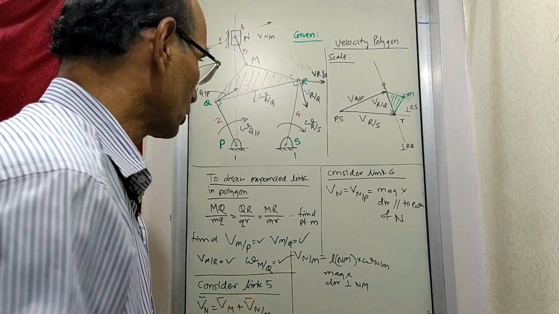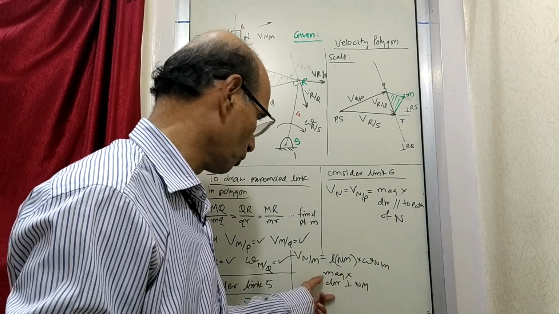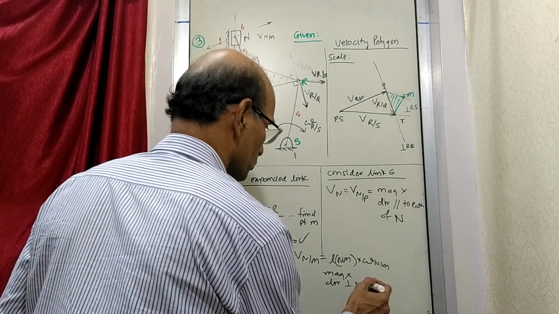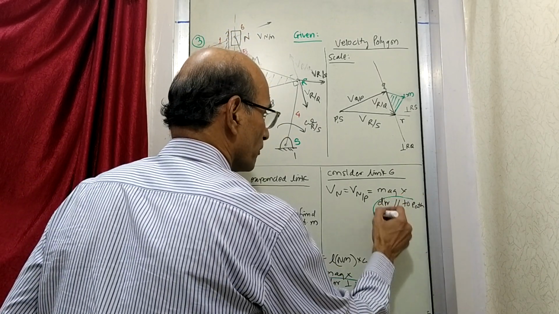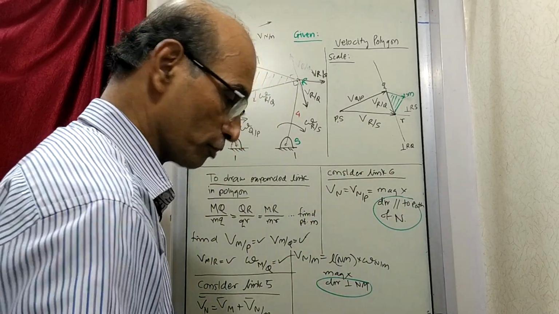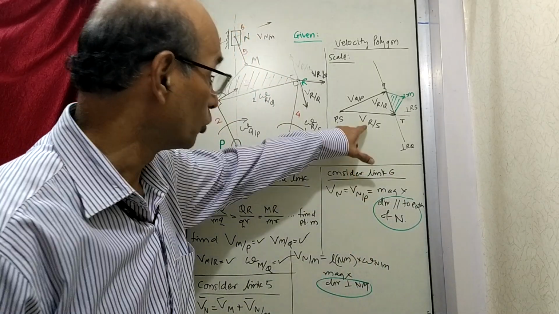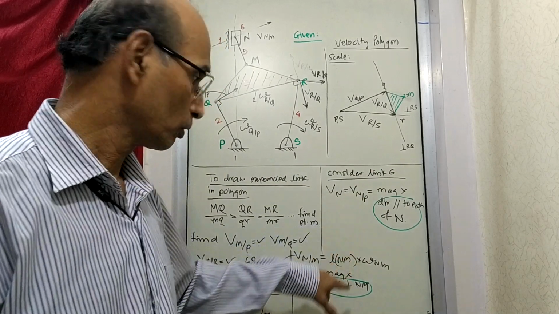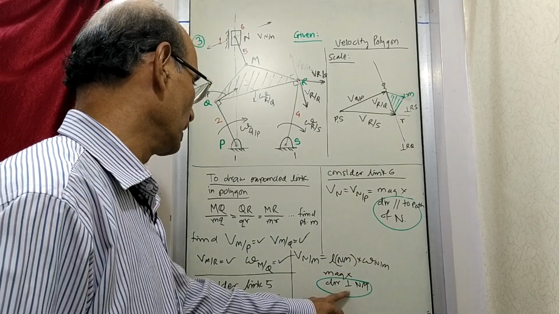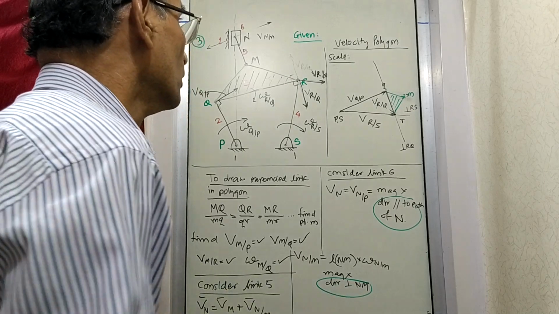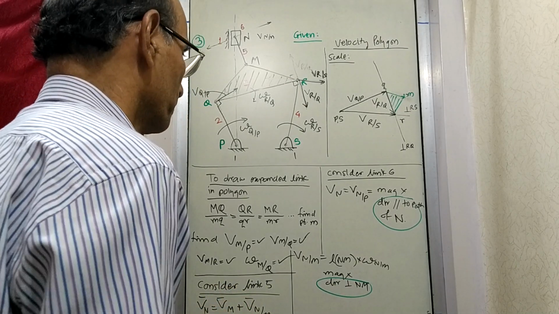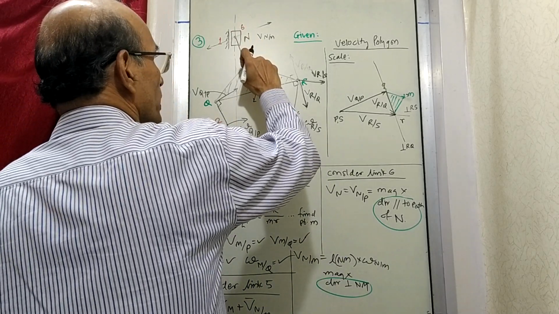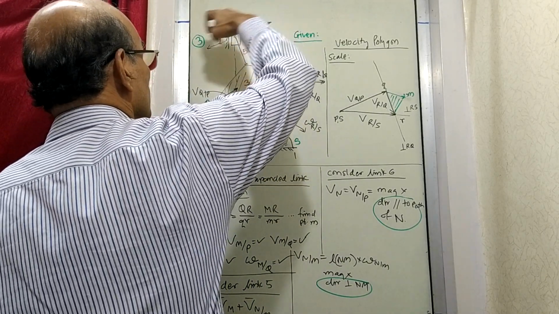So now there are 2 things available in the direction form. This is one, and this is the other one available in the direction form. So by making use of these 2 directions, we can go to the polygon and draw them, and that will give us what we want. So let us first draw a line perpendicular to NM from point M. What is this? Velocity of N with respect to M, which is going to be like this.